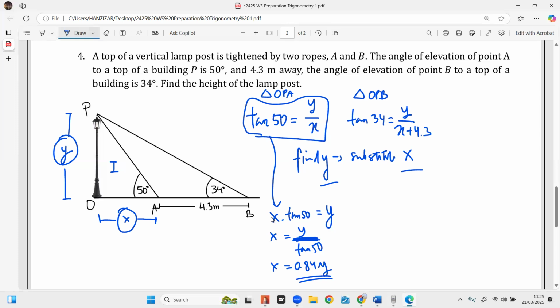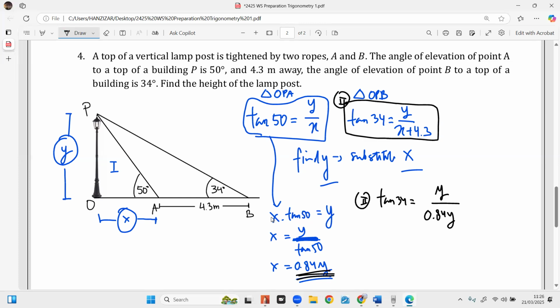Then after you do that, you go for the second equation. Okay, focus, guys. Pay attention. Tan 34 on the second equation equals Y over X, which can be substituted with 0.84Y from here.